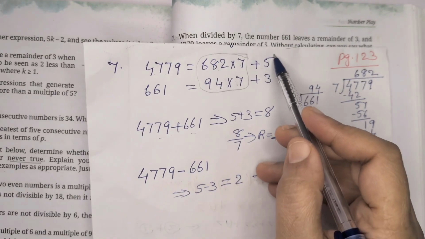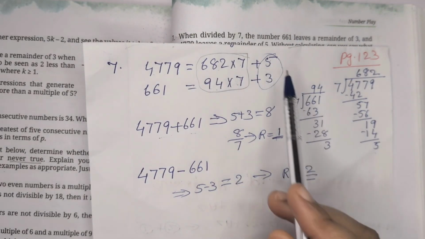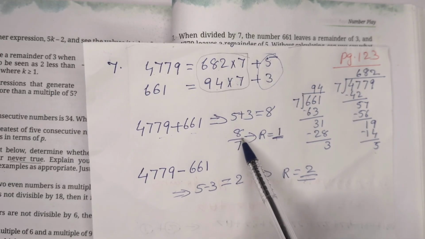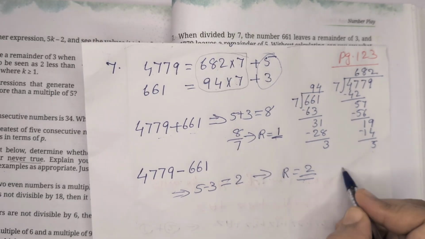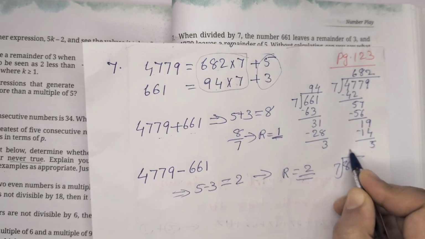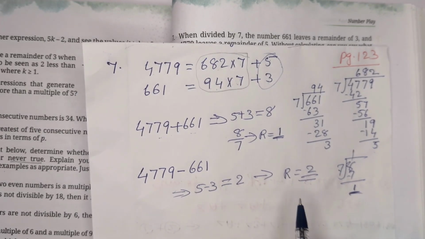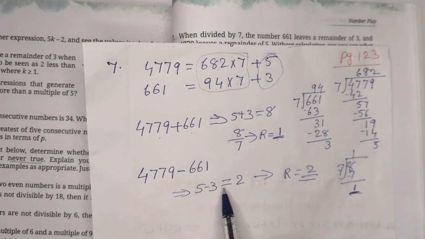Just look at the remainder part. 5 plus 3, 8. That number divided by 7 gives 1 times 7 and the 1 is the remainder. Here also the same way, 5 minus 3, which is less than 7. So just put that number as the remainder.